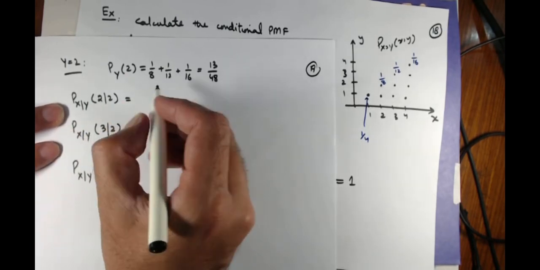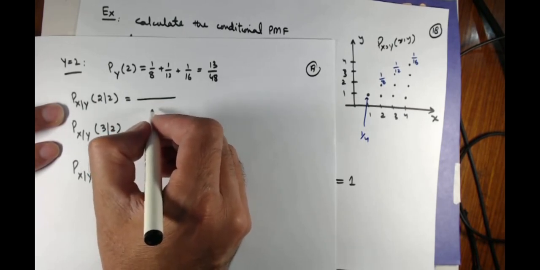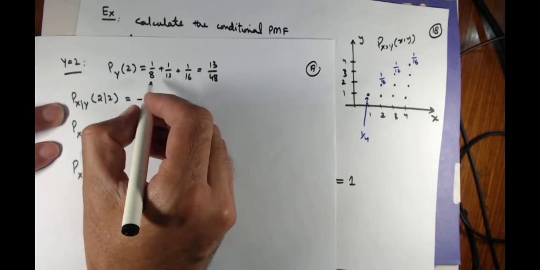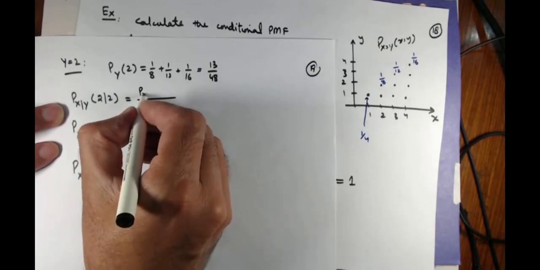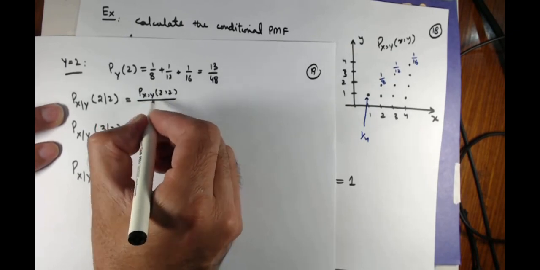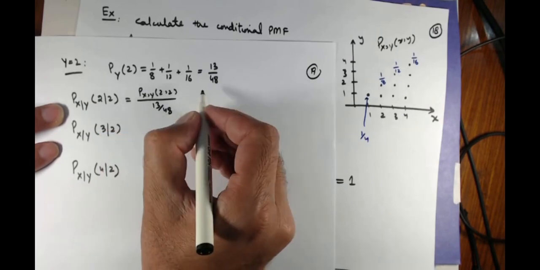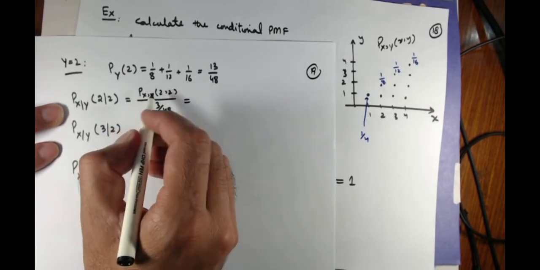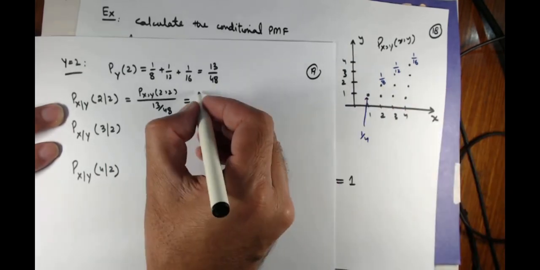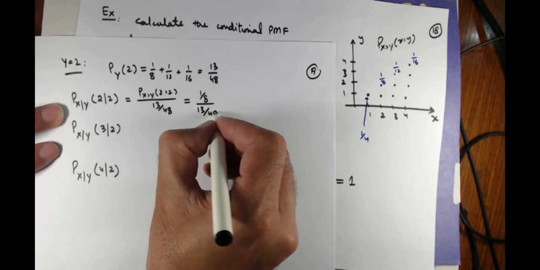For this, the formula turns out to be the giant distribution divided by the PMF of the conditioning variable, which is 13 over 48. So here we have P sub X comma Y of 2 comma 2 divided by 13 by 48. Now you see X comma Y of 2 comma 2 is this point. So it is 1 by 8 divided by 13 over 48.